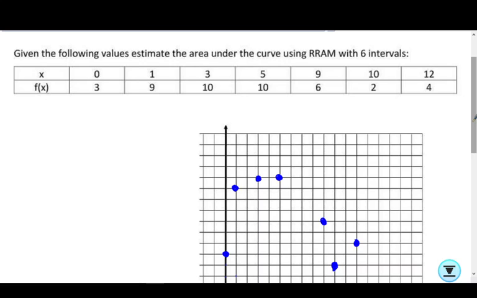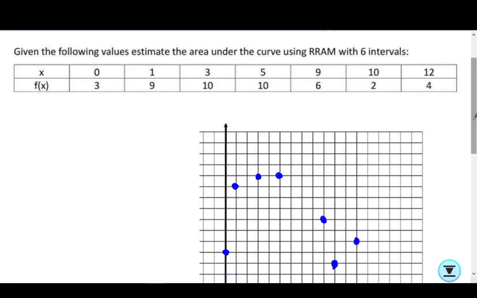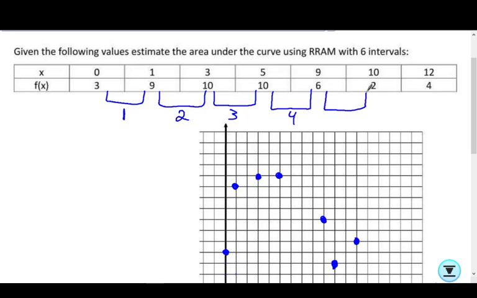Think of it as each one of these is going to be kind of like a rectangle. So this is my first rectangle. This one is my second rectangle. This one is my third rectangle. This one is my fourth, fifth, and sixth.